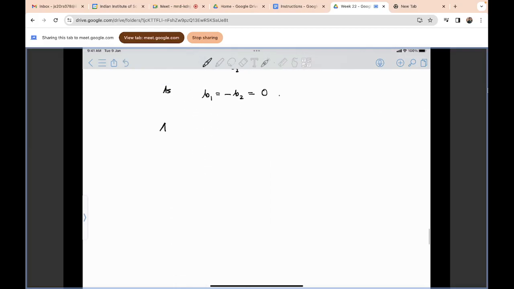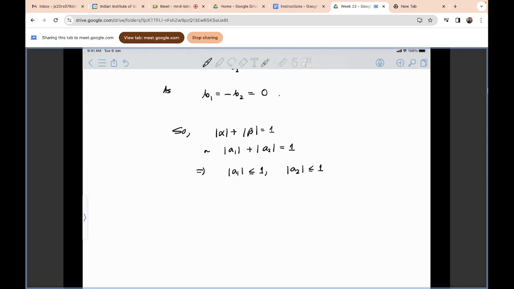So now also, mod alpha plus mod beta is 1, and as B1, B2 are 0, this is mod A1 plus mod A2, this is 1. Which implies mod A1 is less than or equal to 1 and mod A2 is less than or equal to 1.